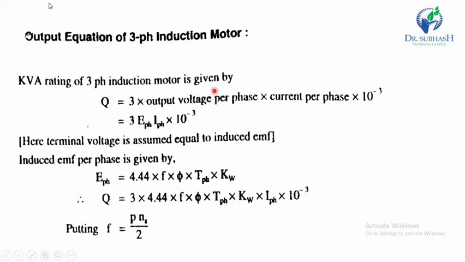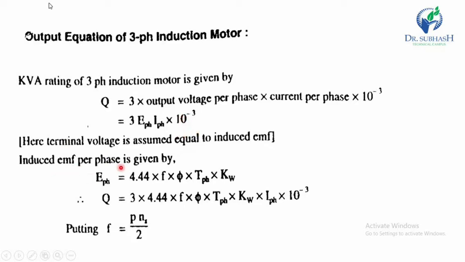Output voltage per phase means our induced EMF, which is Eph, and current per phase is called Iph, where ph stands for phase. So EMF per phase and current per phase into 10^-3 for the kVA rating.